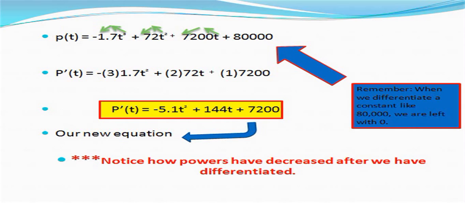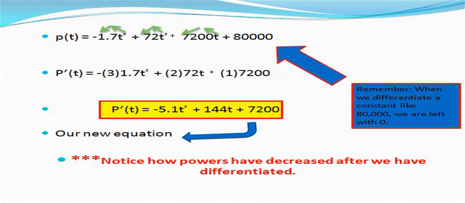The 7200t is essentially 7200t to the power of 1. So the 1 comes down and multiplies by the 7200. The t is reduced to t to the power of 0, which is 1. So that just leaves us with 7200. Then finally the 80,000 is a constant.